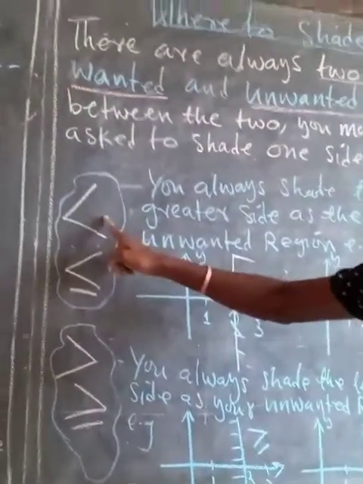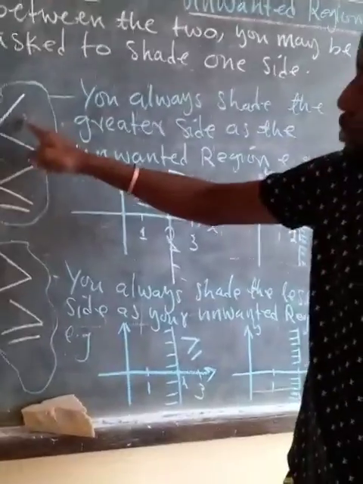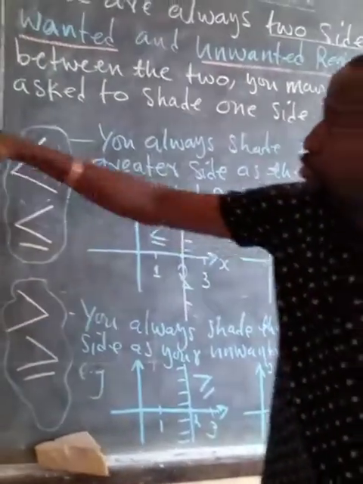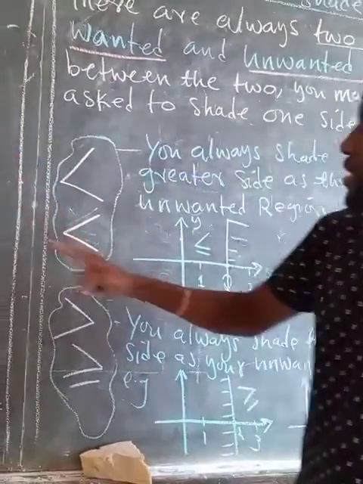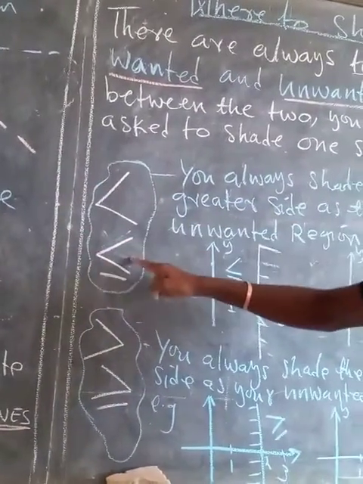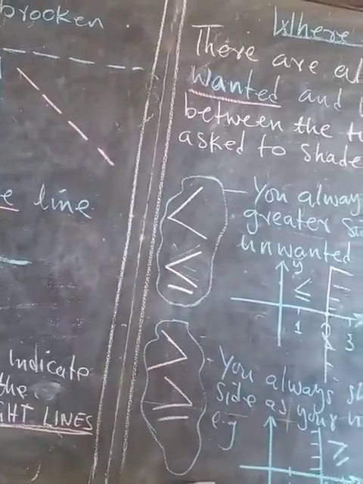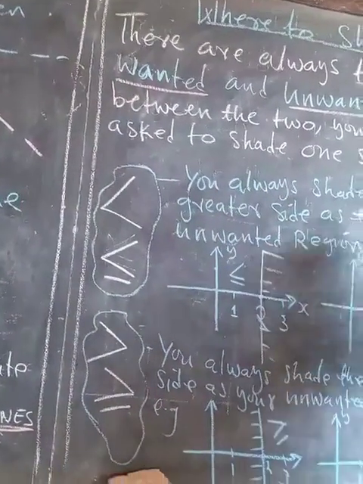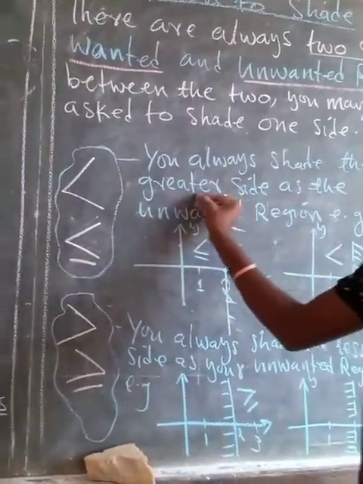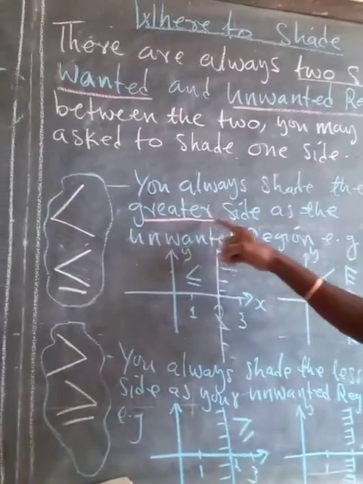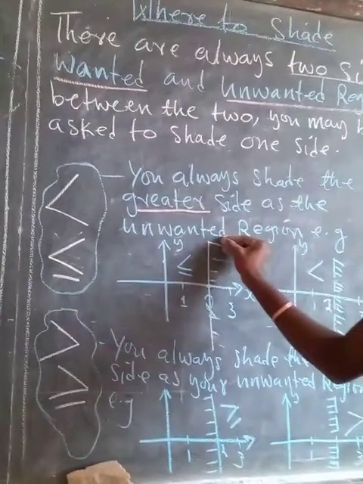This is the less than symbol, which of course when you draw a line of this symbol, it should be a dotted line. A broken line, I mean. And when you're given this symbol, it should be a solid line. When you're given this less symbol, you always shade the greater side as the unwanted region.